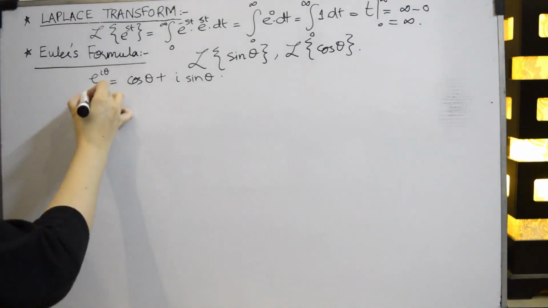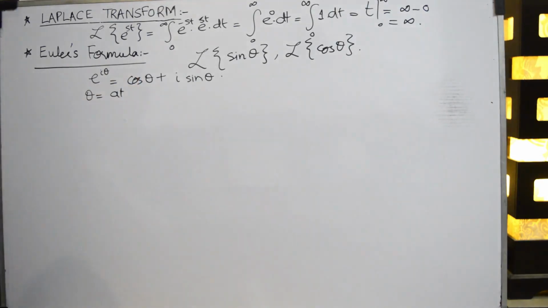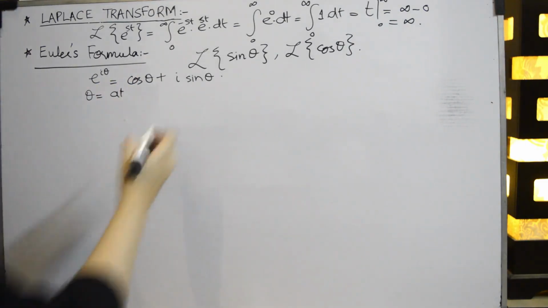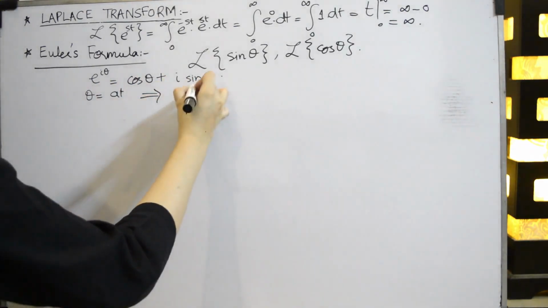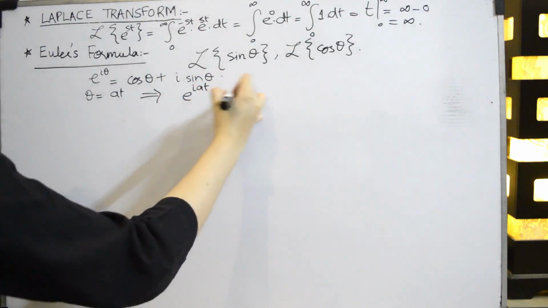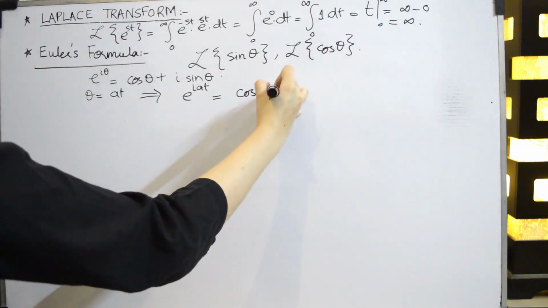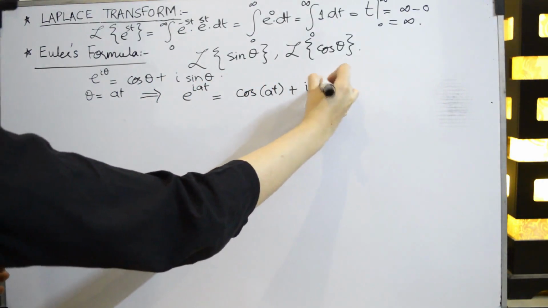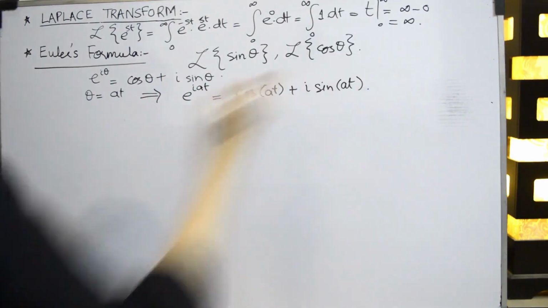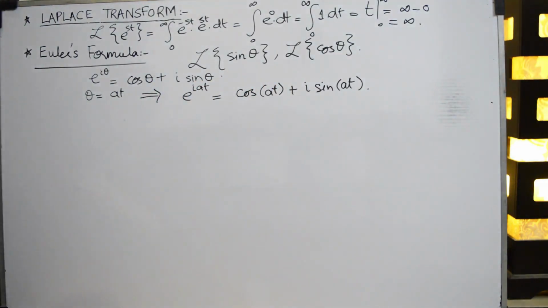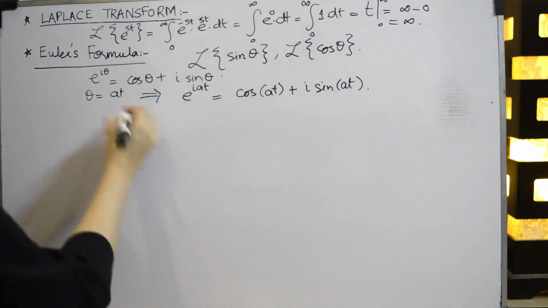So for theta you have to replace a into t, because we have to deal with e to the power at. If you replace, it becomes e to the power iota at equals cos of at plus iota sine of at. Now we proceed by applying Laplace on both sides.